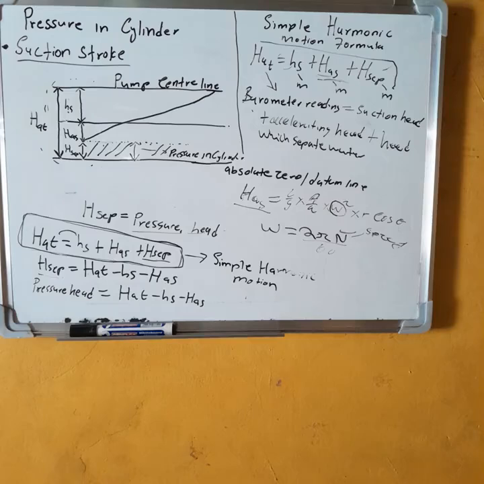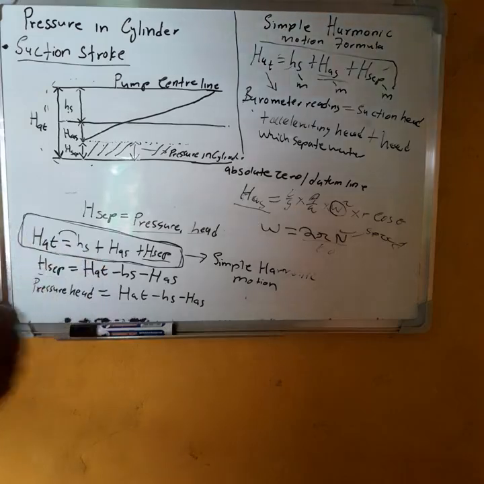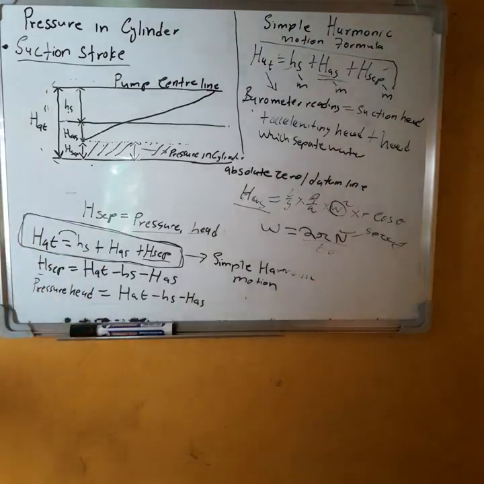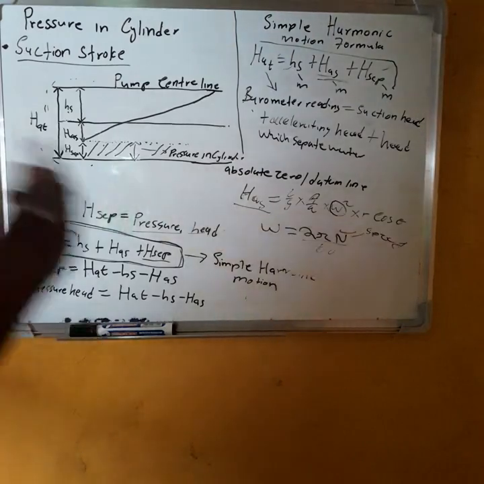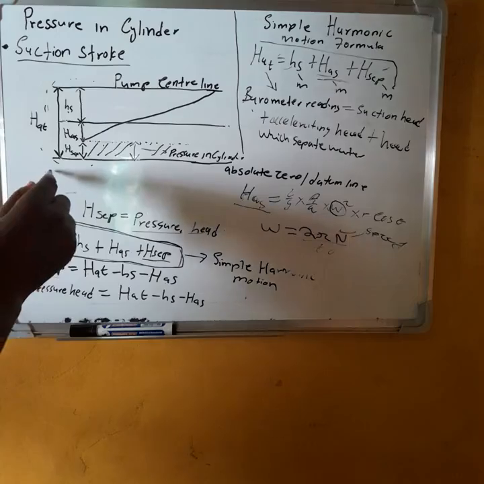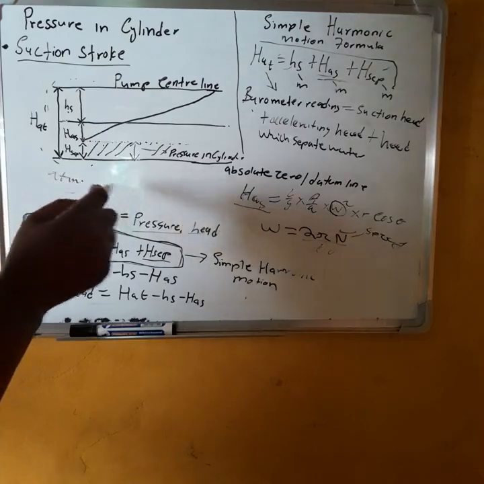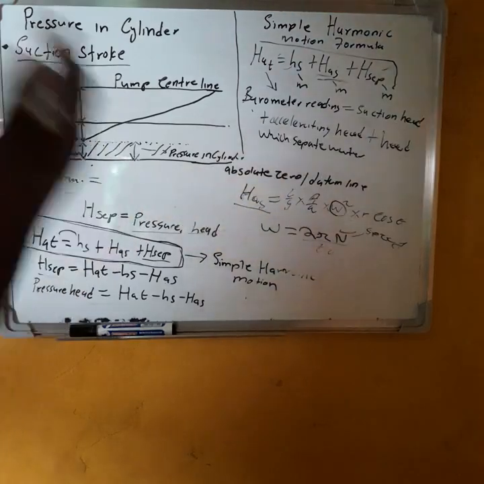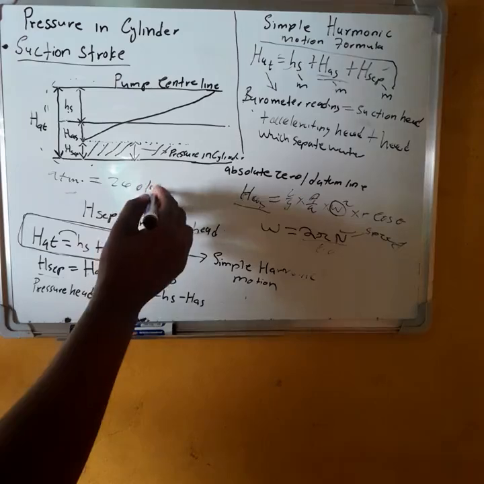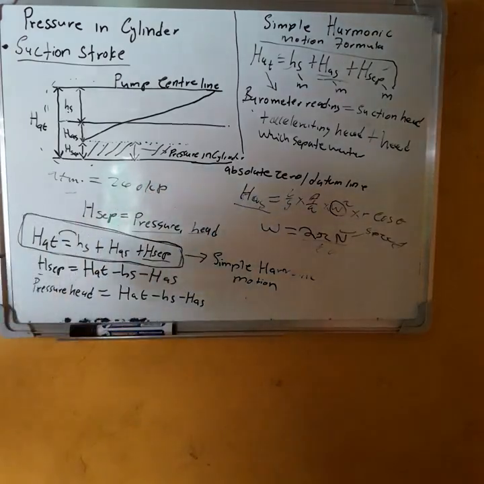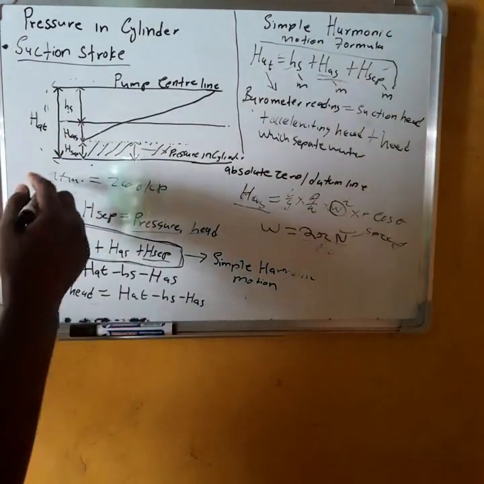If they give you kilopascal, let's say they give you atmospheric, maybe they want you to use the simple harmonic motion, right? Maybe in the question they give you the atmospheric as, say, 200 kilopascal. If they give you 200 kilopascal, this is the atmospheric.